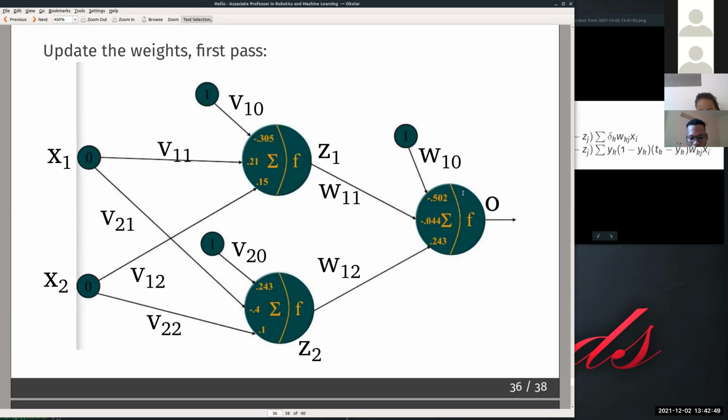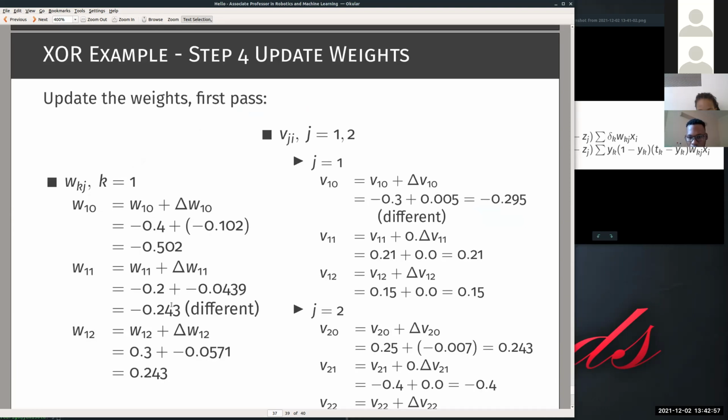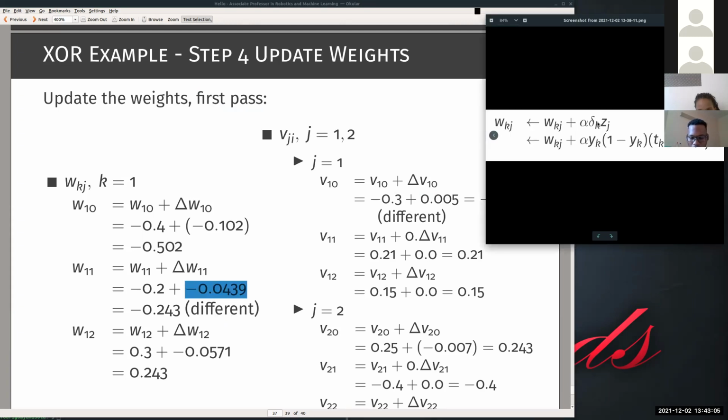Why is W11 here different from the W11 that we found in the calculations? Yes, that's why I put here that it's different. There's no rocket science here. It is just a computation of delta 1, where delta 1 is one value multiplied by Z1.